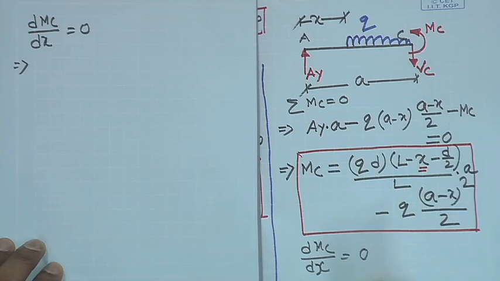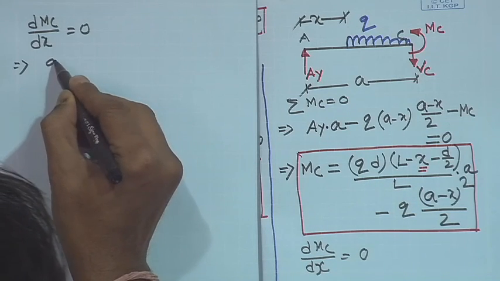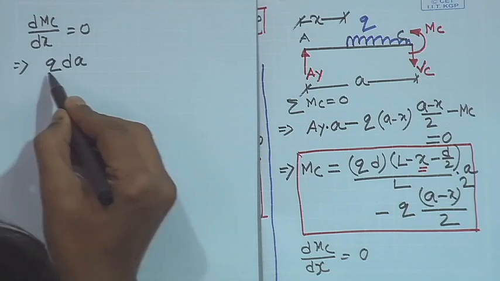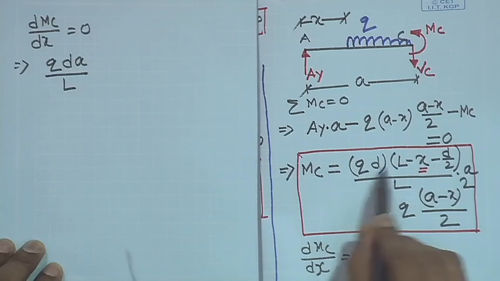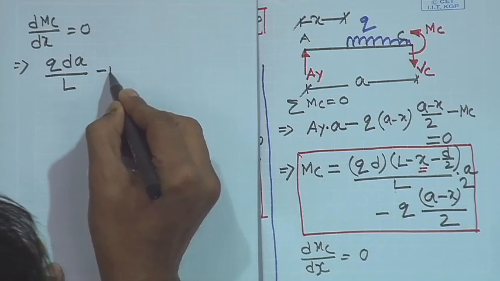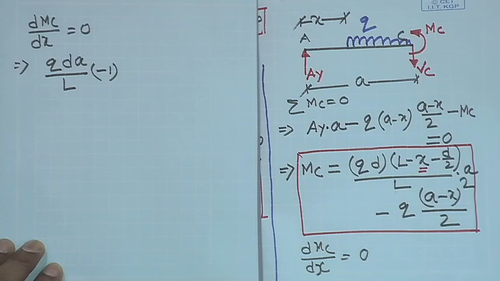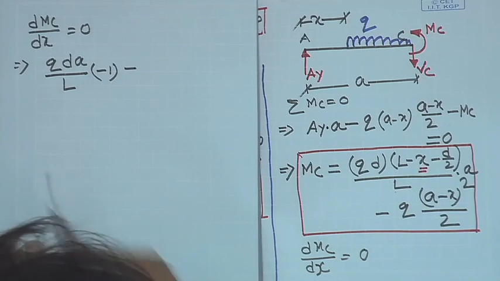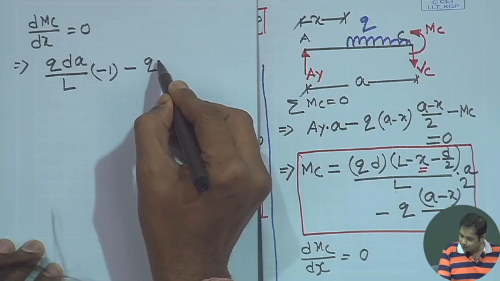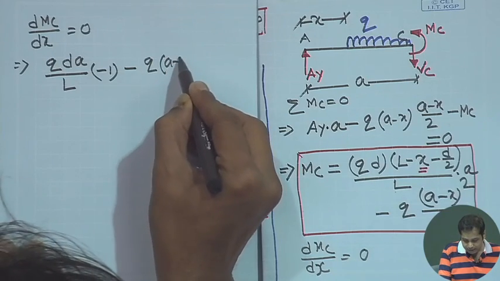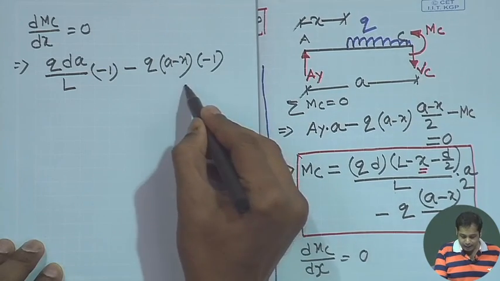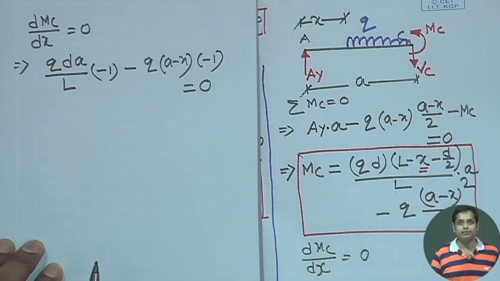Now, this is q d a by L into minus 1, because it is minus x, and then minus q into (a minus x), again minus 1 because of minus x, that is equal to 0.